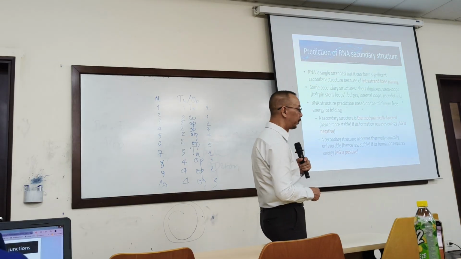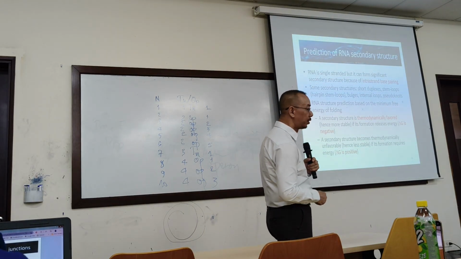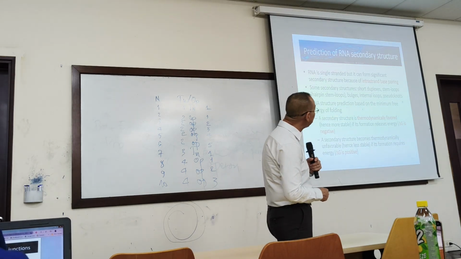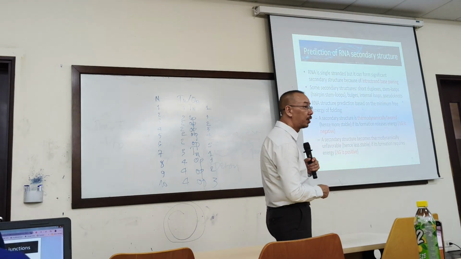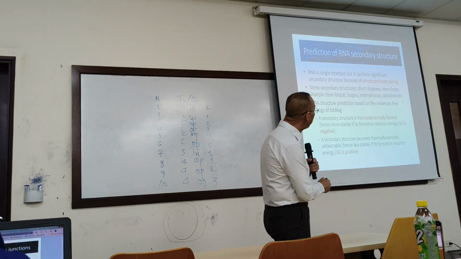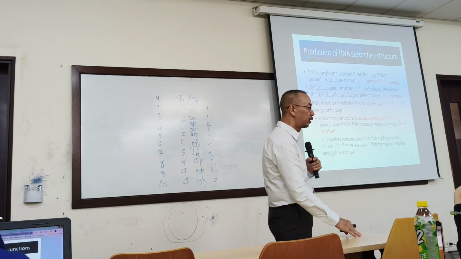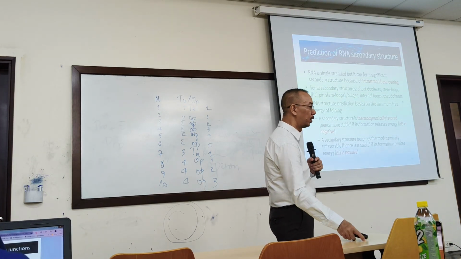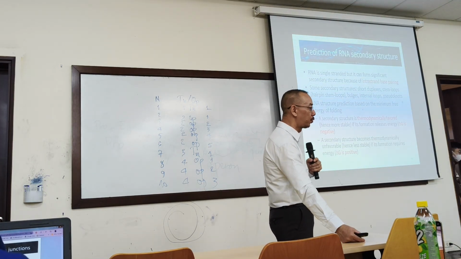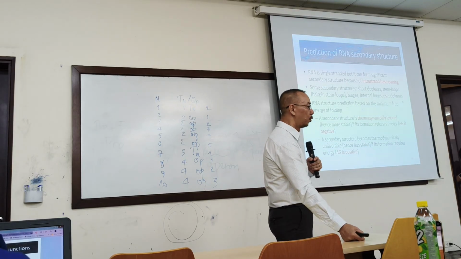The last one, predicting RNA secondary structure. Why does RNA form secondary structure? Because of intra-strand base pairing. That means one region can complement and pair with the other region within one strand.